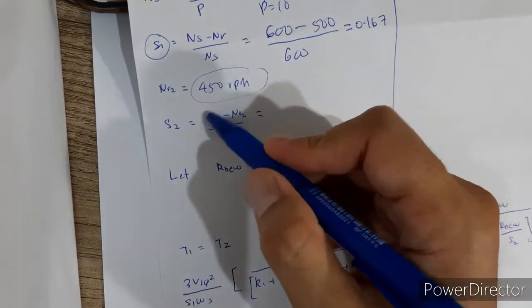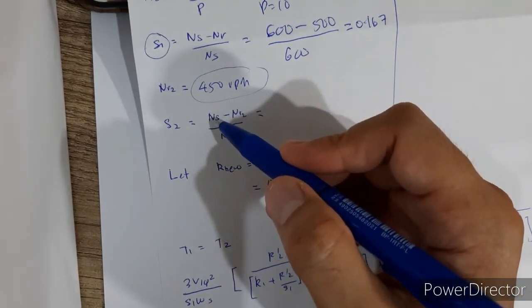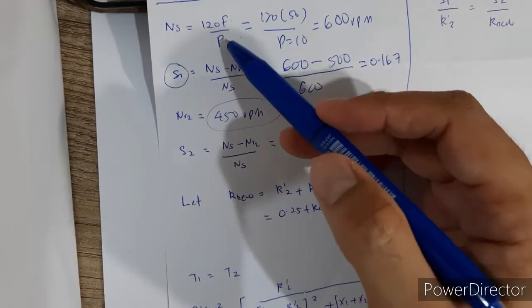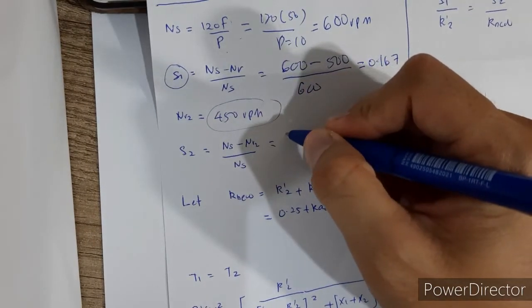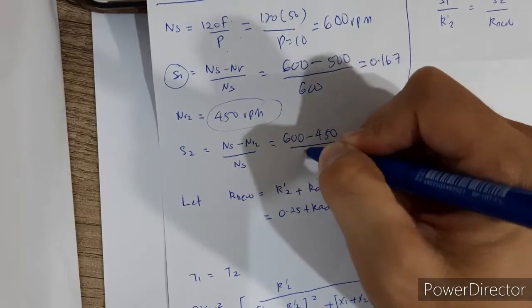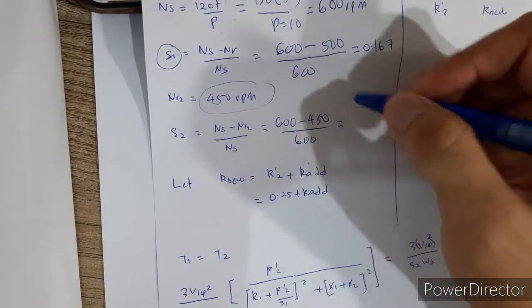Remember NS remains unchanged, because NS depends on frequency and number of poles, and the frequency and number of poles have not changed. So NS is 600 minus 450, divided by 600. You will get S2 is 0.25.